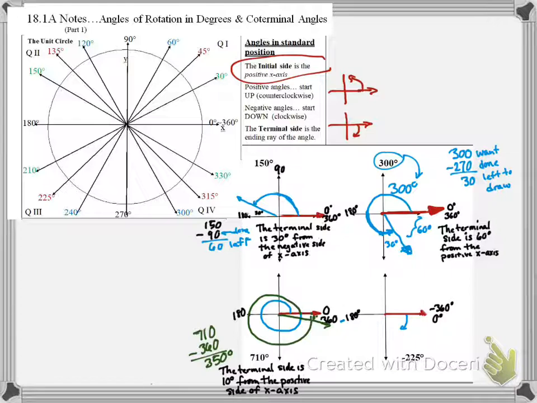I put an arrow on here, but I don't really need an arrow on there yet because I don't know where I'm going. I know I'm going here, and I know that I'm going more than 90. I'm going negative 225.